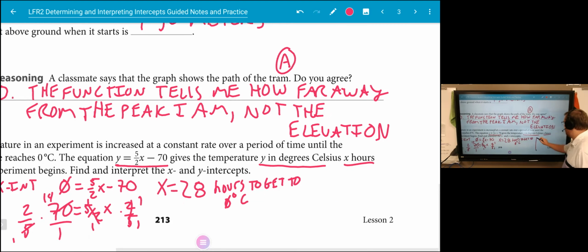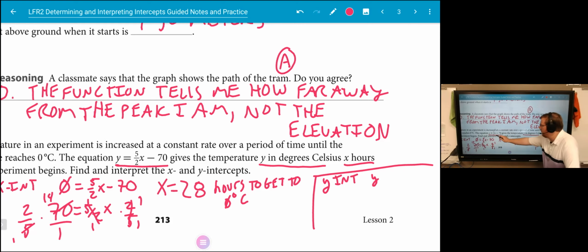What does the y-intercept mean then? Let's take a look at this. For the y-intercept, again, set x equal to 0. 5/2 times 0 is just 0. So y equals -70. Oh, interesting. In other words, my temperature was increasing.